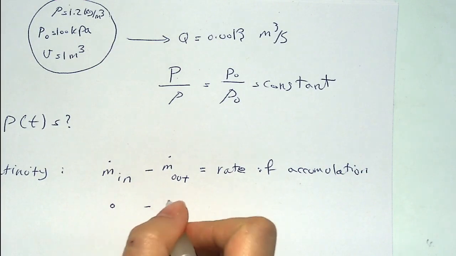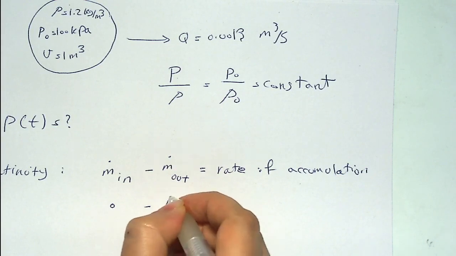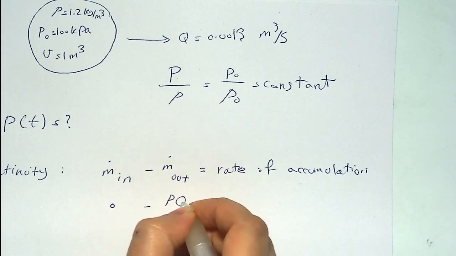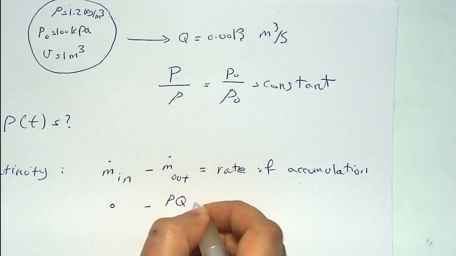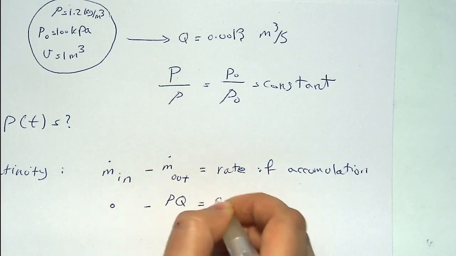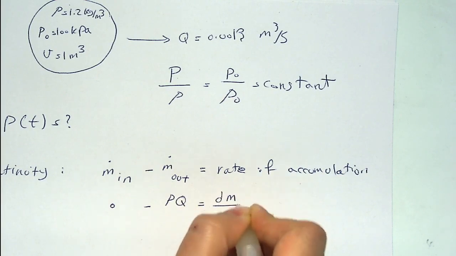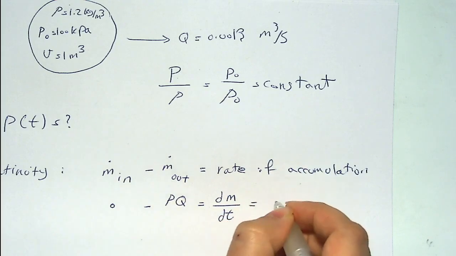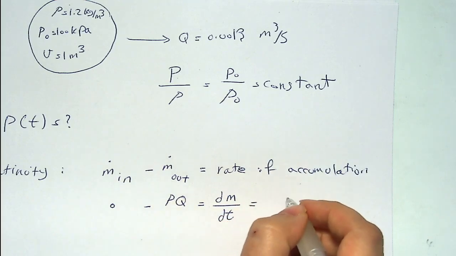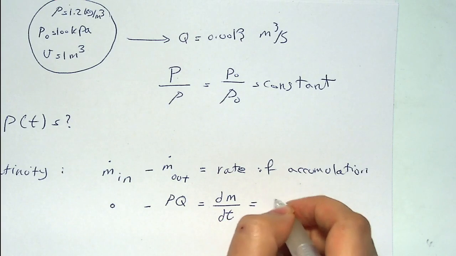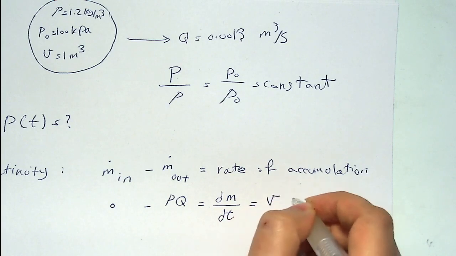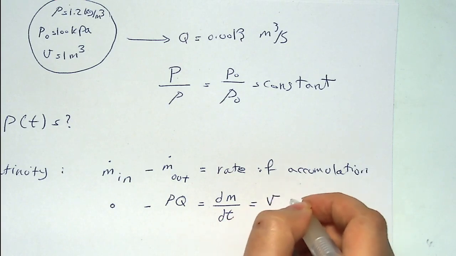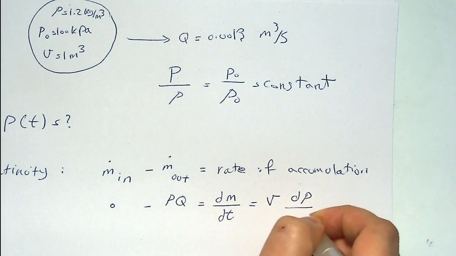But we have the air coming out of the tank, so m dot out is not 0, and by multiplying the density by the Q, you would get the m dot out, and it's showing the change of the mass inside the tank by time. And you know that the mass is equal to density multiplied by the volume, so the volume is constant, comes out of the differential. You would have d rho over dt.